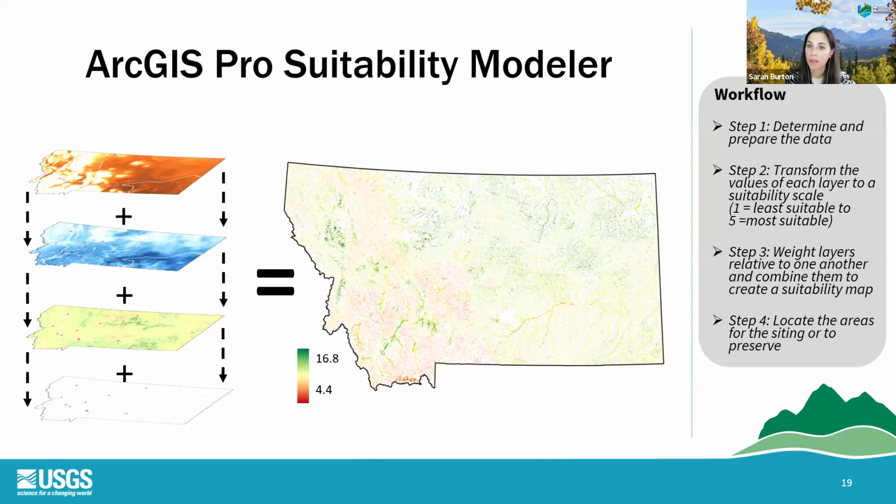So the overall workflow for the suitability modeler: determine and prepare the data, which we had done at this point, transform the values of each layer into a suitability scale. So in this way, we took the data from each of these variables, standardized it, and binned it into 1 to 5, from least suitable to most suitable.